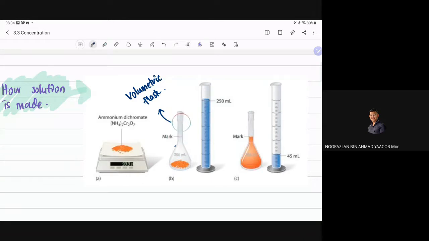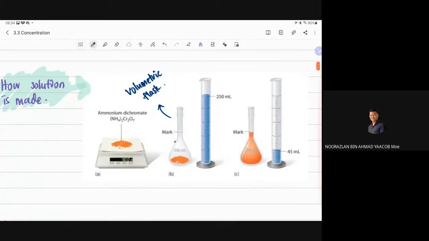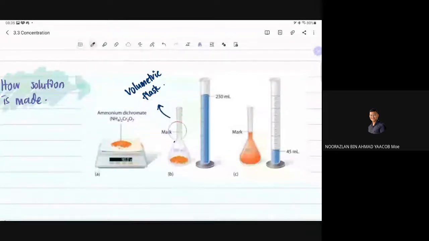And in the practical session yesterday yang kamu sepatutnya buat activity tu, okay, you should know that the flask is used to make the solution. Okay, so it comes in a specific fixed volume. So we put the solid into this, ataupun we can put it in a beaker first.